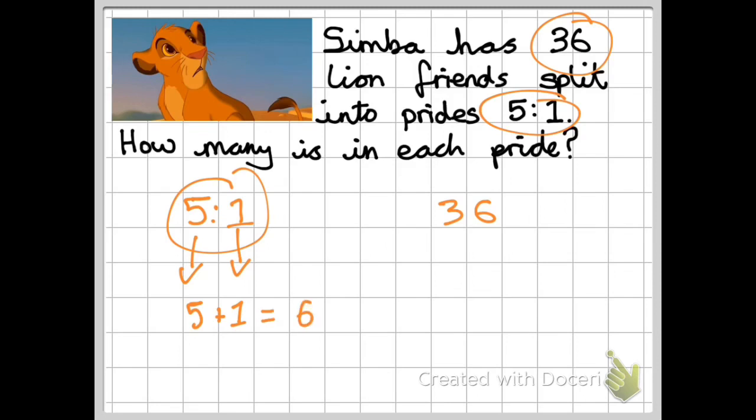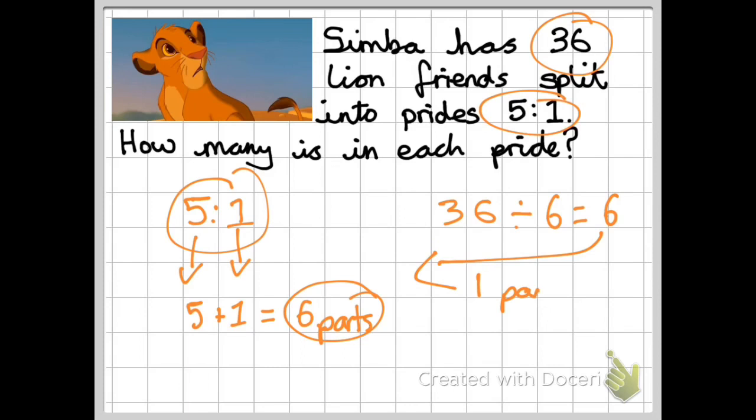If I add those two together, I have 6 parts in total. Then with these 6 parts, I divide the number we want to find a quantity of. So 36 divided by 6 is 6. Now I have worked out what 1 part is.